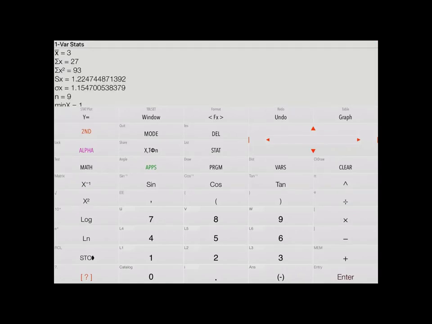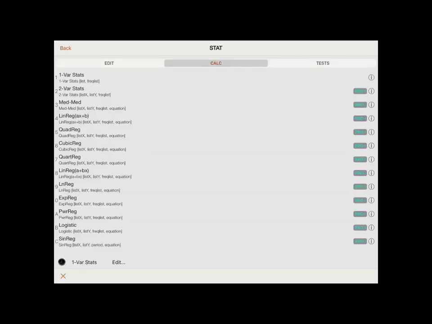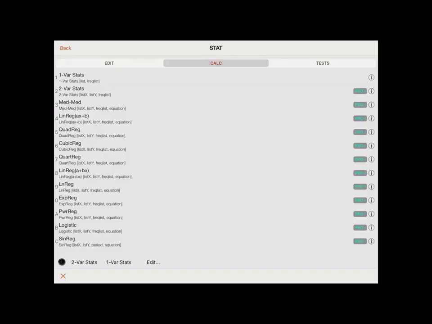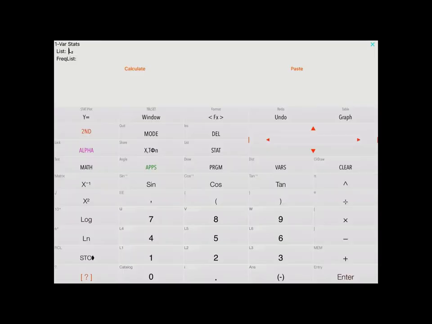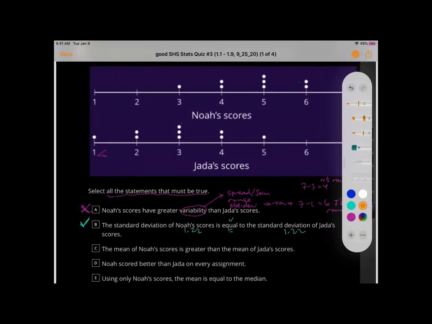So Jada has an average of 3. So 5 compared to 3, is it greater? Yes, that is true.